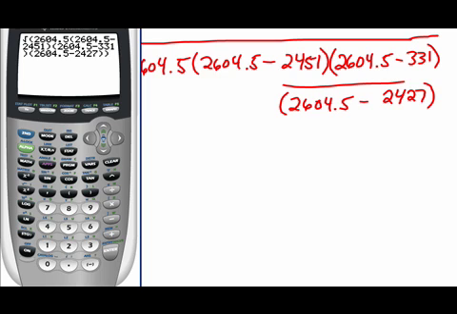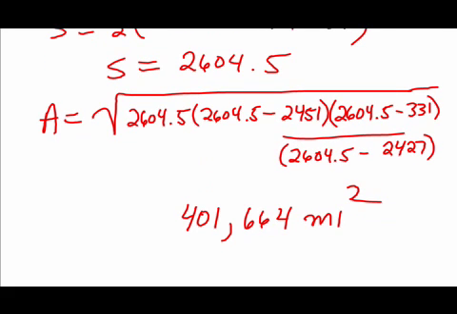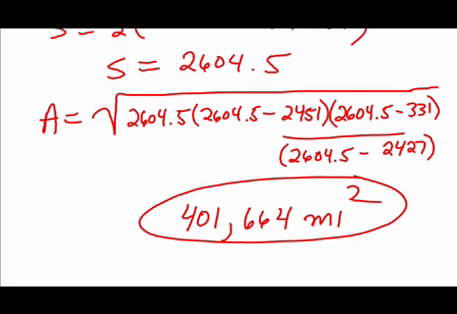Square root of that whole thing. And we get roughly 401,664. Wow. Square miles is the area of that triangle. That's pretty neat. I mean, to be able to find the area of a triangle, any triangle, right, obtuse, acute, any triangle, knowing the three sides.